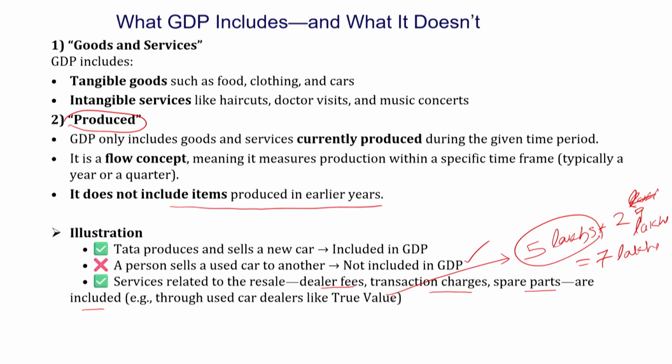This dealer got it from a person who sold it for 5 lakhs to this company, and the company, by adding its profit, transaction charges and spare parts, is selling it for 7 lakhs. So out of this, what we need to add to the GDP is this 2 lakhs. So here 2 lakhs is part of GDP, but these 5 lakhs are not part of this GDP.